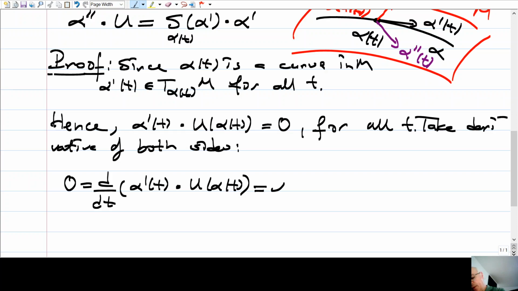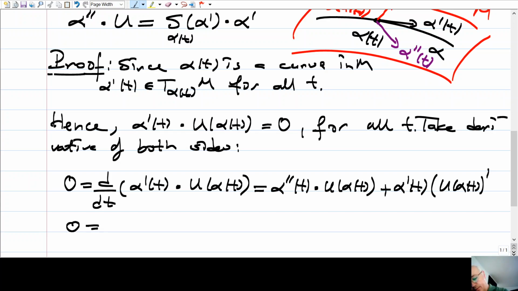This is just alpha double prime dot product u of alpha t, plus alpha prime t dot product with the derivative of u of alpha t. But remember that this quantity has a name, and this is nothing but the negative of the shape operator.